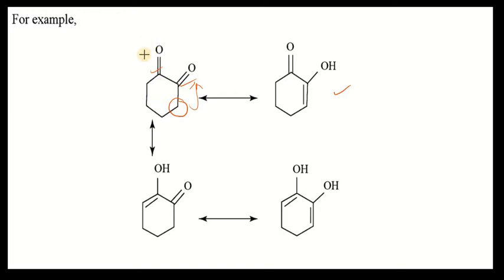The first oxygen takes the hydrogen. Then this carbon, taken here as the alpha carbon, changes like this, and this ketone functional group also changes due to this migration. Okay, this is the thing.